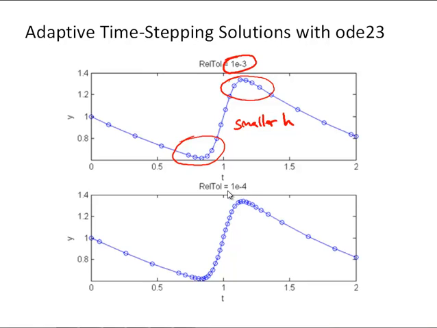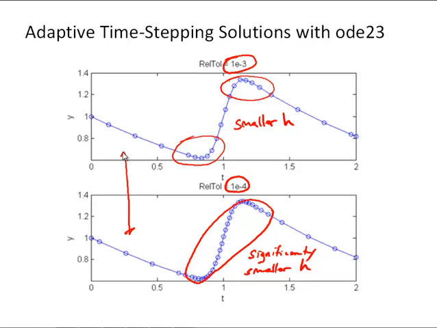Decreasing the tolerance to a tighter value of 1 times 10 to the minus 4, we see a significantly smaller h value through that quickly changing region of the solution. But we also see that h is pretty much the same in the slower changing region.